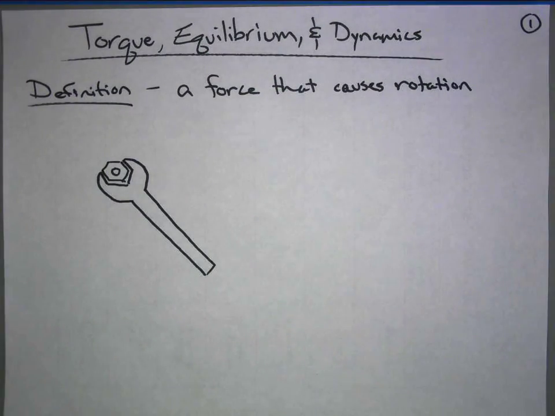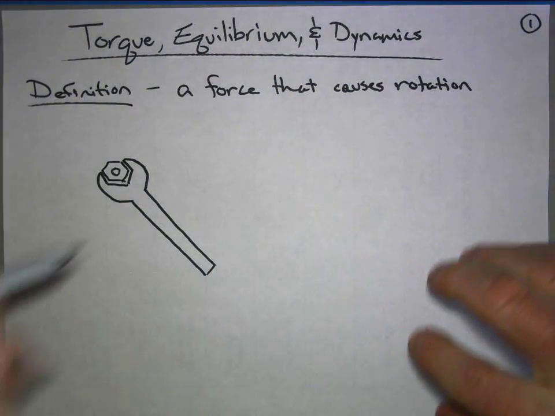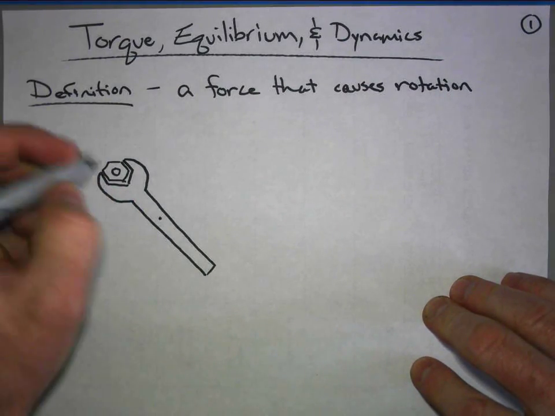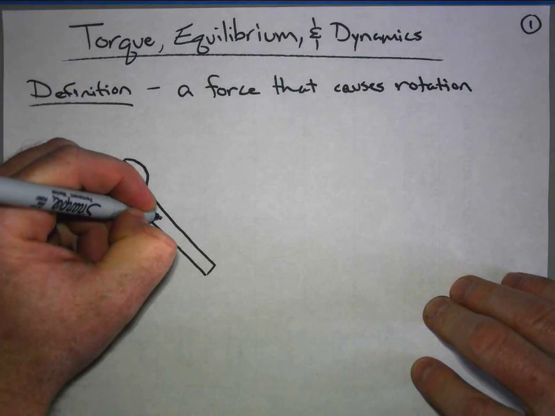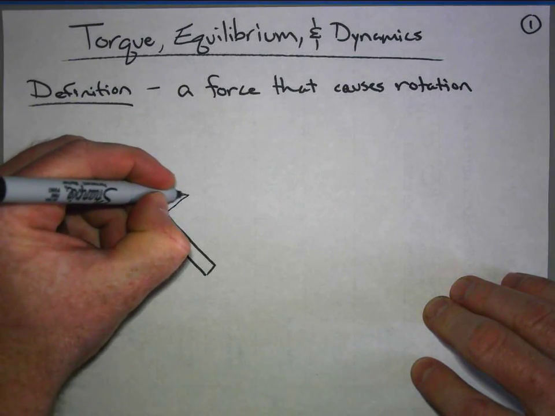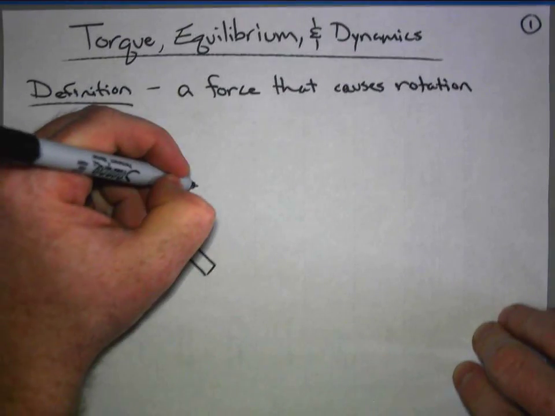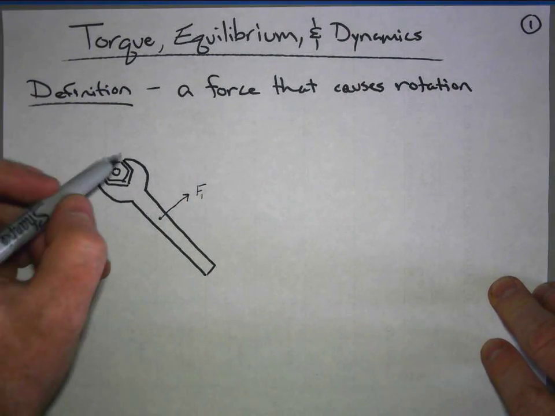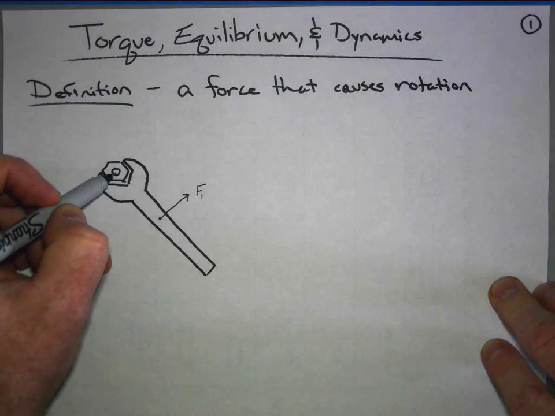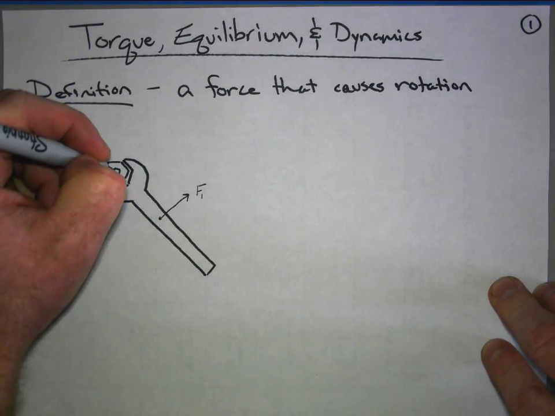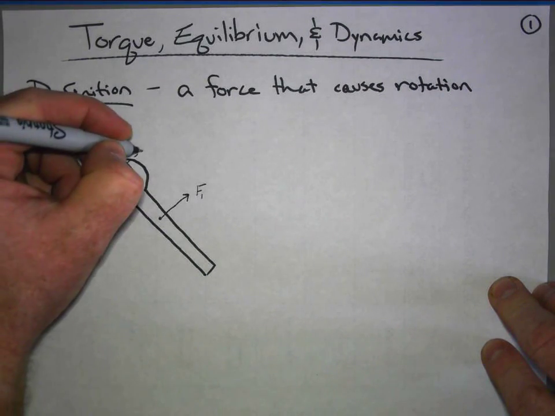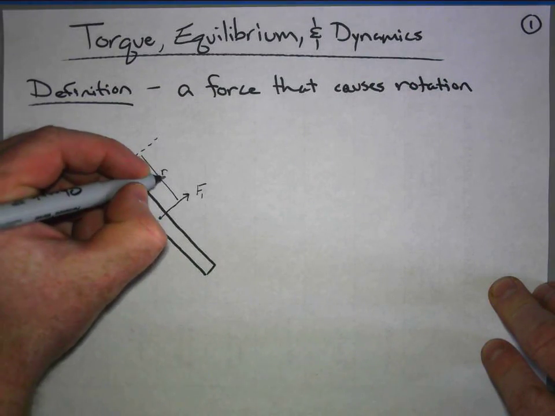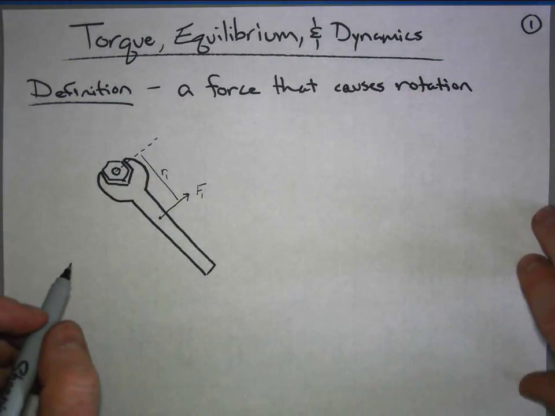Well, if we apply a force at, say, this location, and we push in this direction, that force is a certain distance away from the axis of rotation right here at the center. So there's a radius there for force 1.